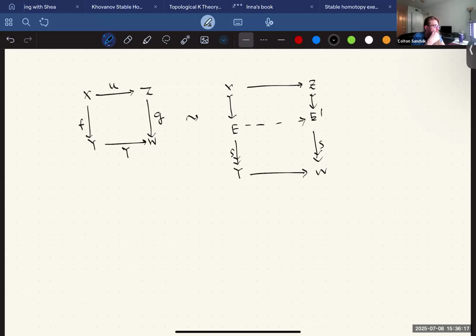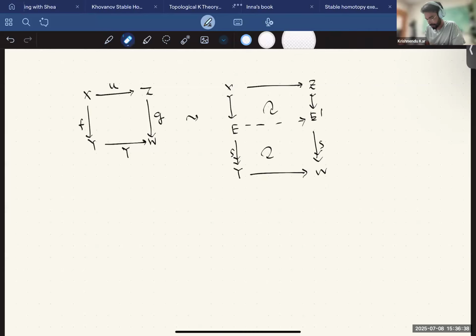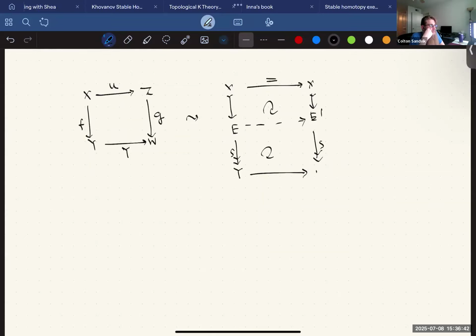Well, the middle arrow should be a weak equivalence. Or no, sorry, the middle arrow if it exists and makes the diagram commute. If you take Z and W to be X and Y and G to be F, then it should be a weak equivalence, right? Okay. You're saying there should be some version of uniqueness for these things.